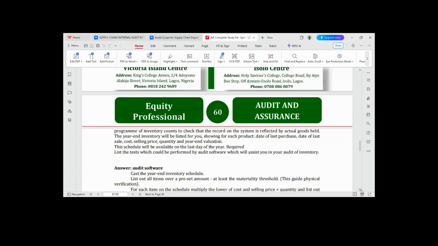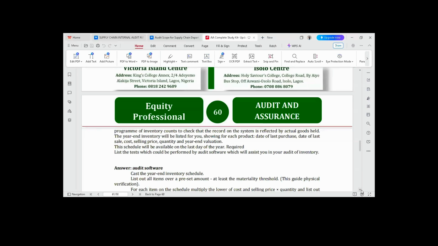The year-end inventory will be listed for you showing for each product, date of last purchase, date of last sales, cost, selling price, quantity, and year-end valuation. This schedule will be available on the last day of the year. Required: list the tests that will be performed by audit software that will assist you in your audit of inventory. Okay?